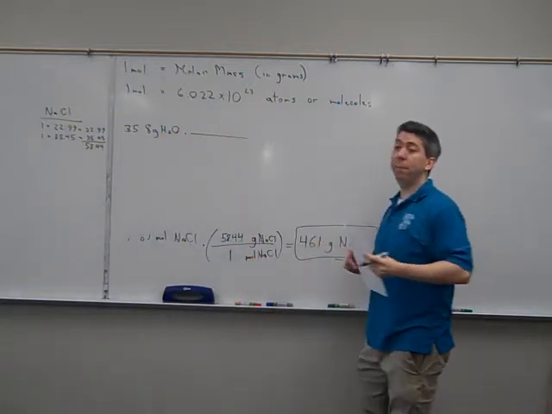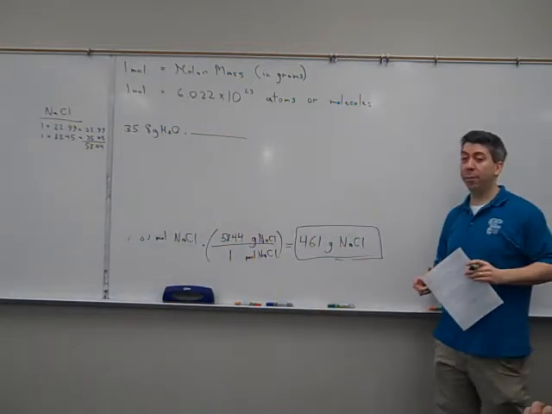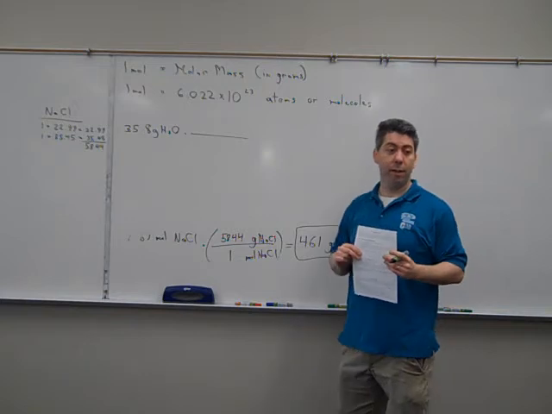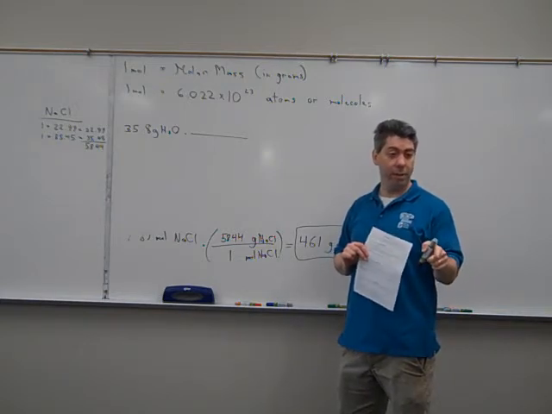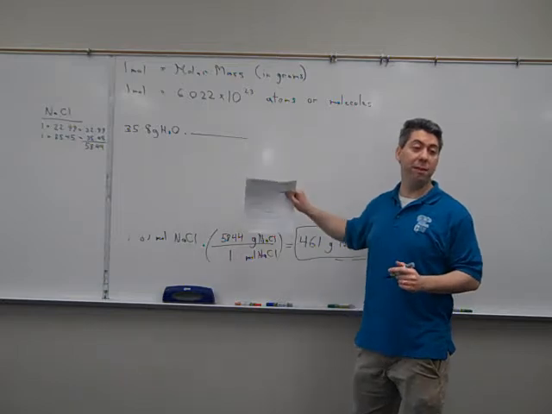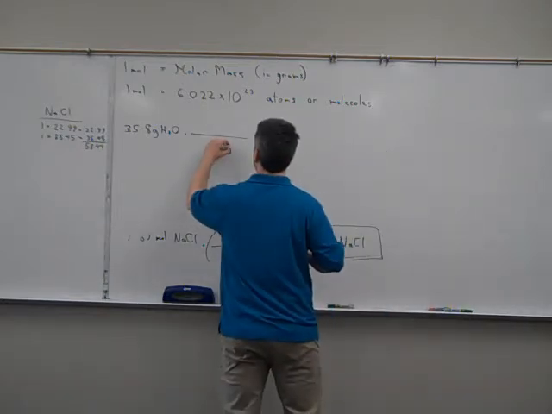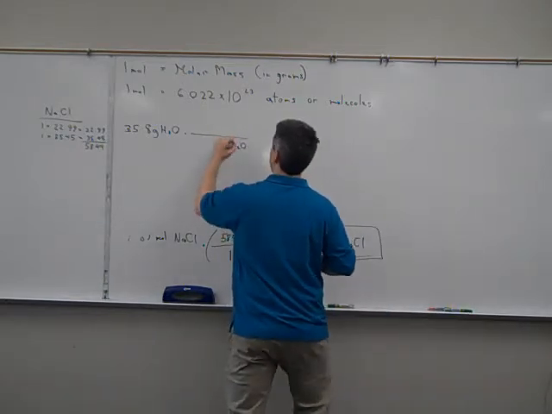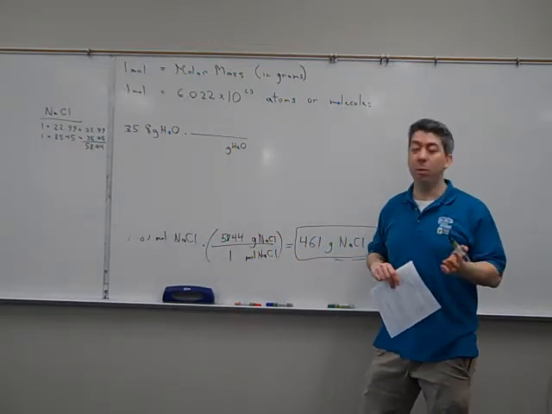So what's our first step here? What are we going to do? Grams to moles. So what unit has to go on the bottom? Grams of water. And what goes on top? Moles.